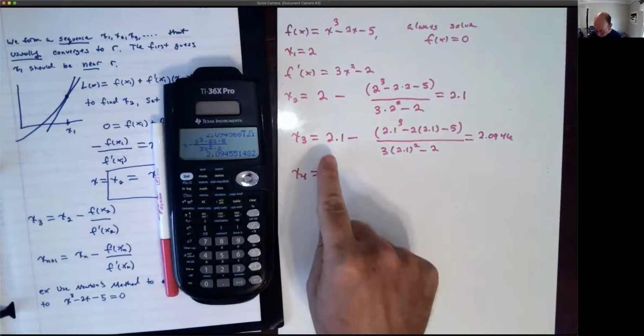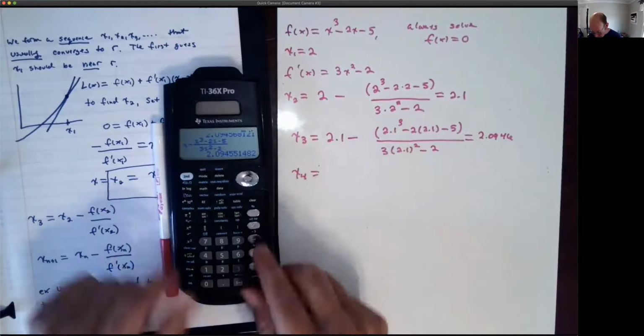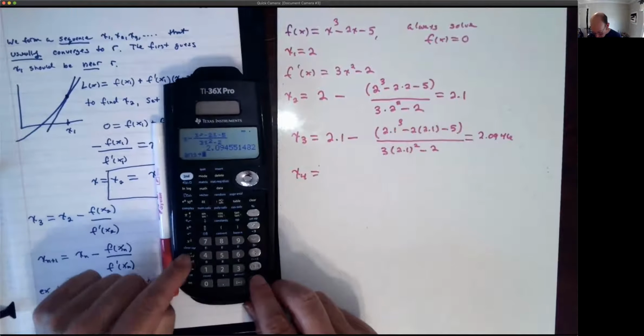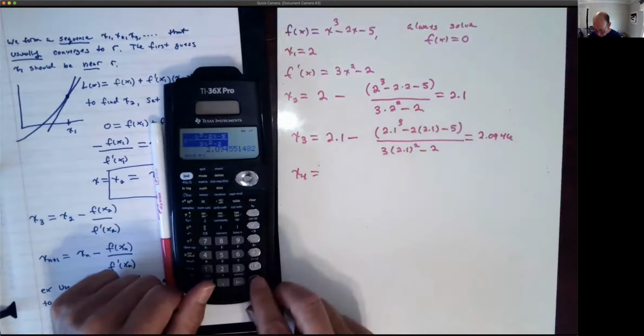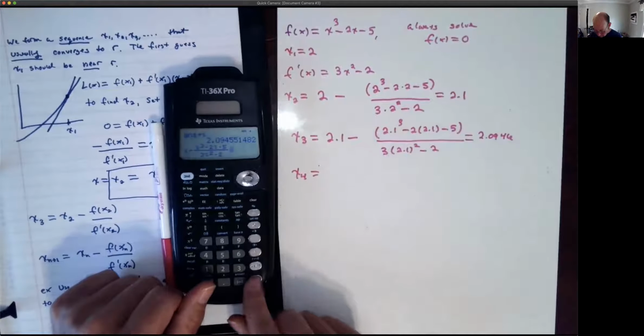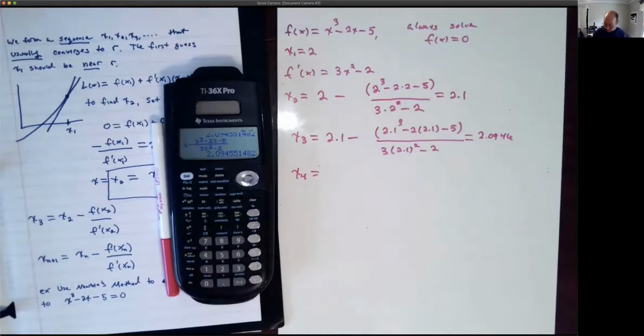When the numbers stabilize, it means you're really close to the answer. See, the numbers aren't changing. Let's try it again. Store this as x. Go back to Newton's formula. 2.09455. So as you can see, I think we're about as close as we're going to get.